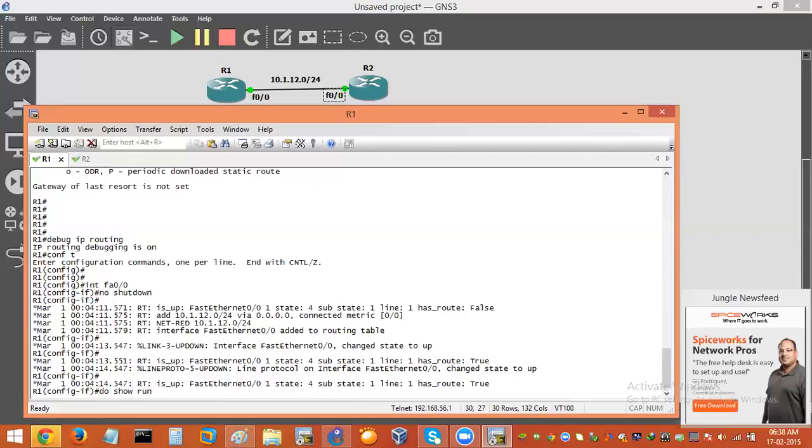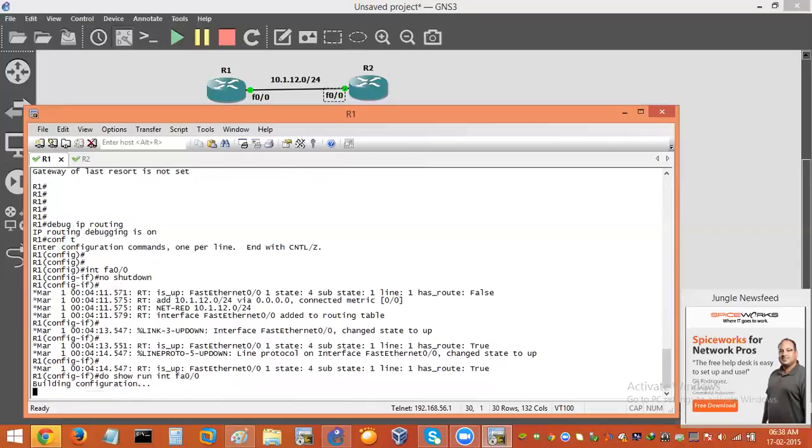If you check do show run interface FastEthernet 0/0. This command is to see the running configuration, means whatever configuration I have made under this FastEthernet 0/0 interface, this command will show you that.